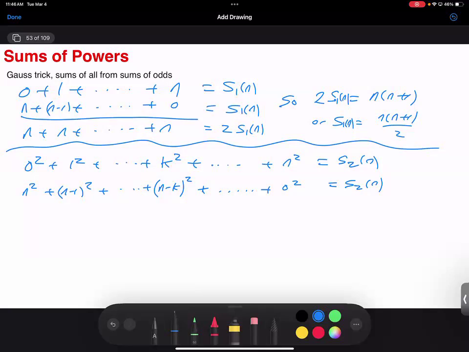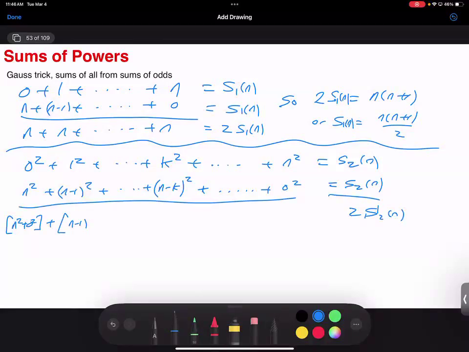So if we add, we get twice S2 of n over here on the right. What would we get on the left? Yeah, the first term would be n squared plus 0 squared. The next term would be (n minus 1) squared plus 1 squared. Then (n minus k) squared plus k squared.